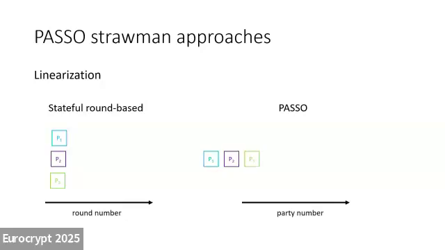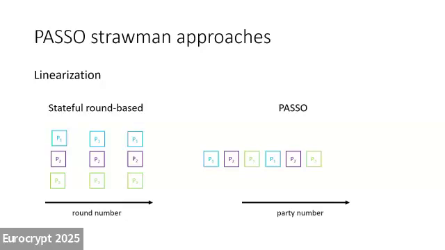Then we can take these parties and have them speak in sequence and execute the first round of the stateful protocol, but now in the PASO model, so they will be speaking one after another. Then we can add the same amount of parties to execute the second round, and the same to perform any final computations and produce the output.